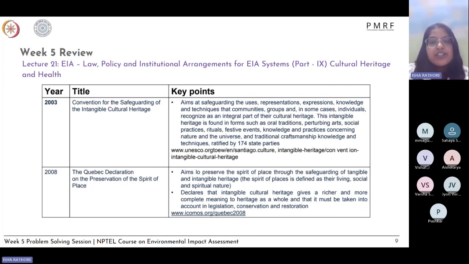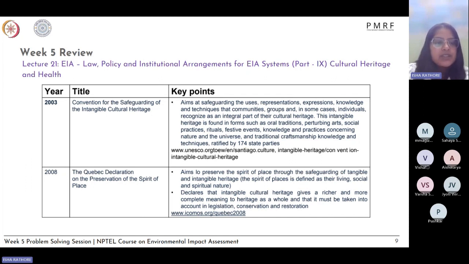So, heritage in the form of oral traditions, performing arts, social practices, rituals, festive events, knowledge and practices concerning nature and the universe, and traditional craftsmanship knowledge and techniques. Those kinds of things are identified, and how to safeguard them was the main element of the 2003 Convention for Safeguarding of Intangible Cultural Heritage, and this was signed by 174 state parties.